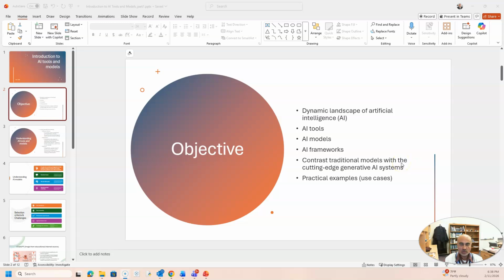In this module, we'll look into the dynamic landscape of artificial intelligence. We'll look into the AI tools and models. As AI continues to revolutionize industries worldwide, understanding some of the key underlying tools and the models behind this advancement is critical.